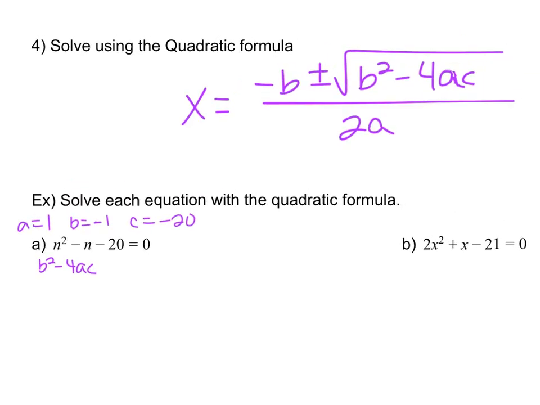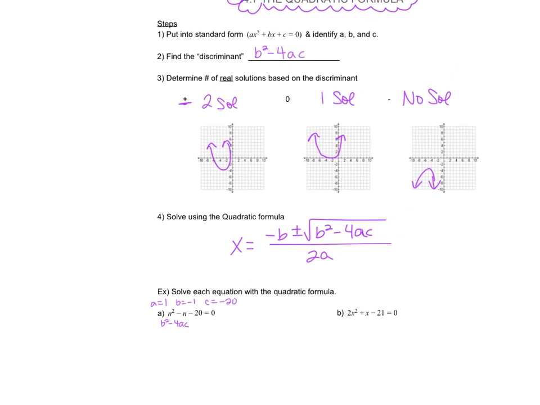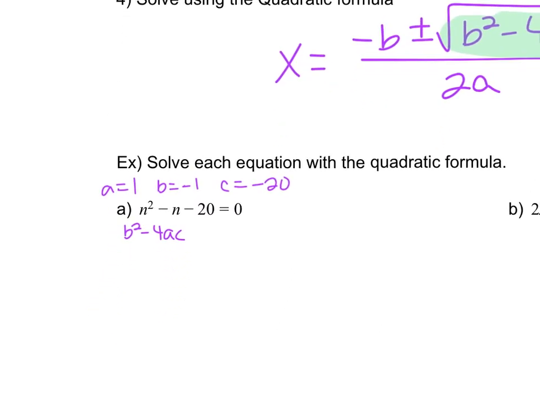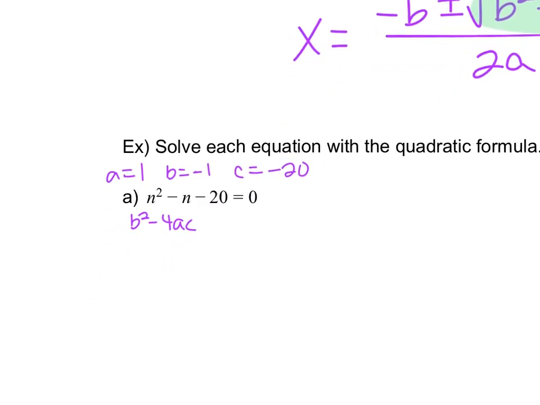Did you notice that the b squared minus 4ac is part of your quadratic formula? So really, I'm saving you a step. You don't have to do it this way. You could do it all at once, but this is just the way I'm teaching you. So do it this way while you're taking notes.